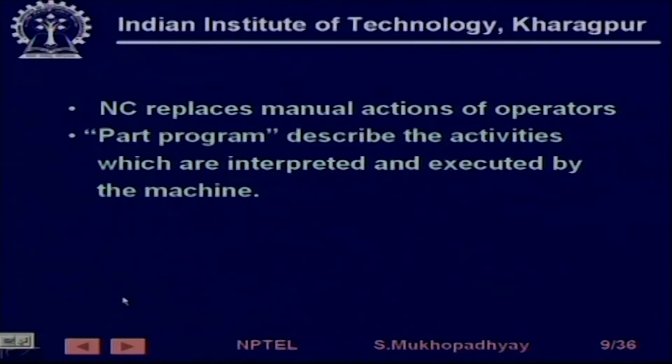It basically is meant to replace manual actions of operators, and the instructions to the machine required for its operation are written in the form of a kind of program called part programs, which describe the activities which are interpreted and executed by the machine. We'll see a little later what kind of things can be done using part programs.